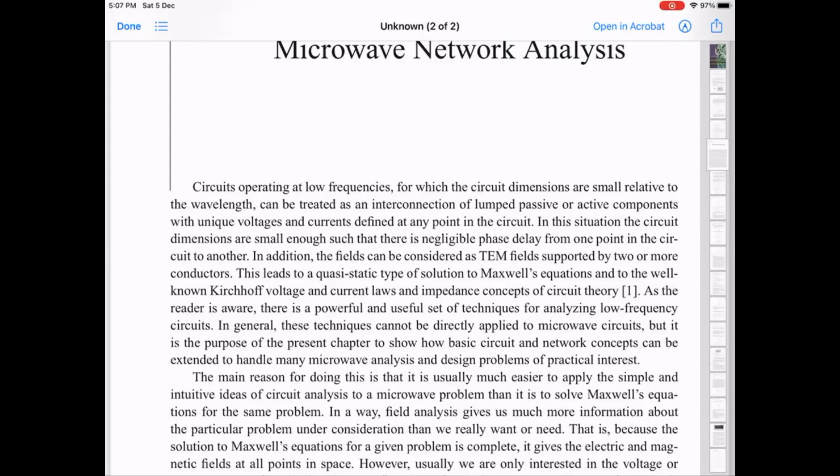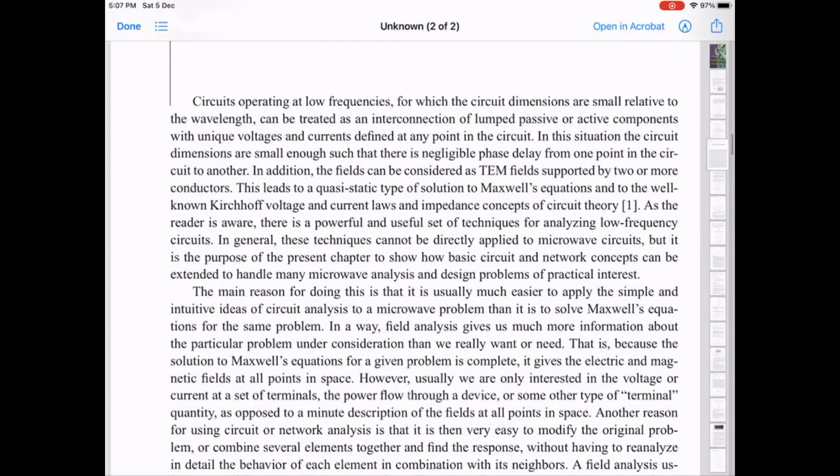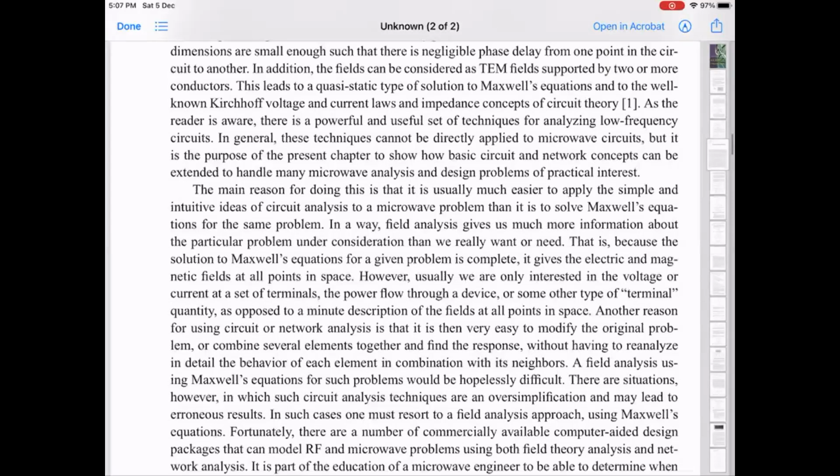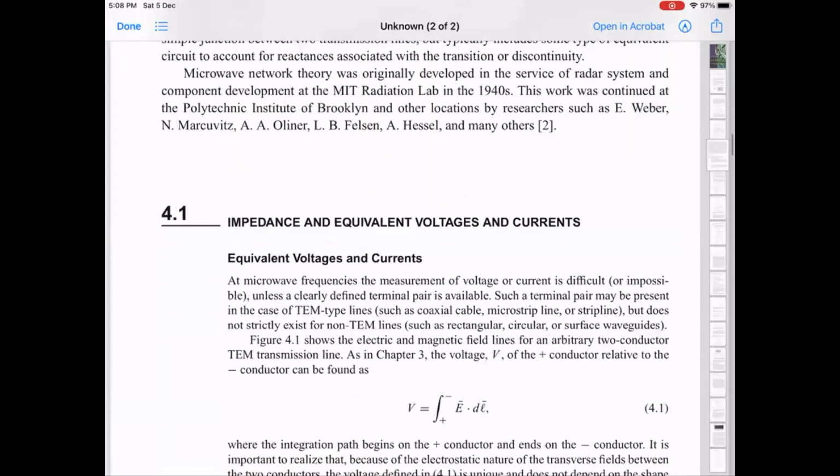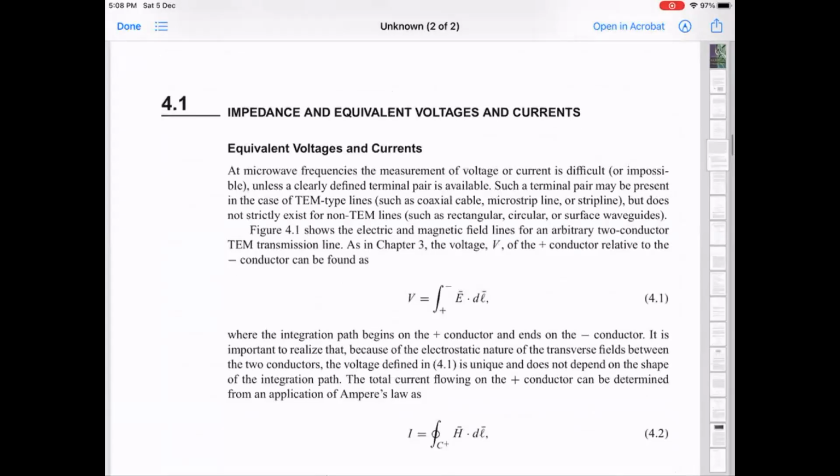Then, using that solution, you can figure out what's happening at the terminal. So it's a very nice introduction, and it goes on to explain where you can and cannot apply the idea of having well-defined terminal voltages and currents.